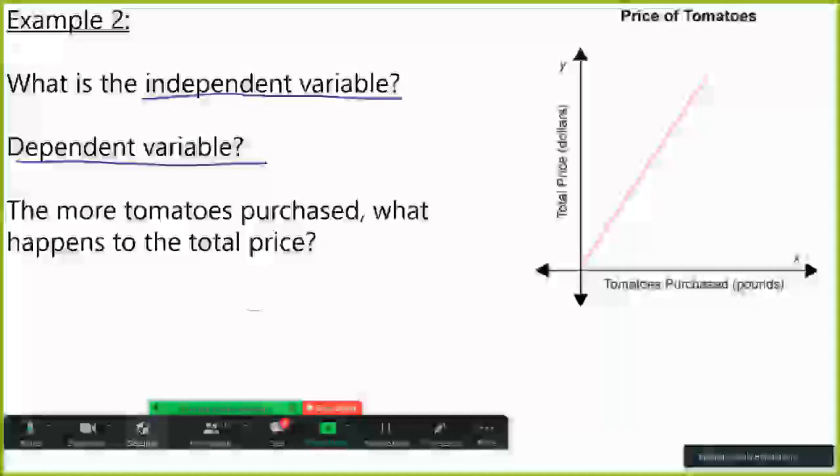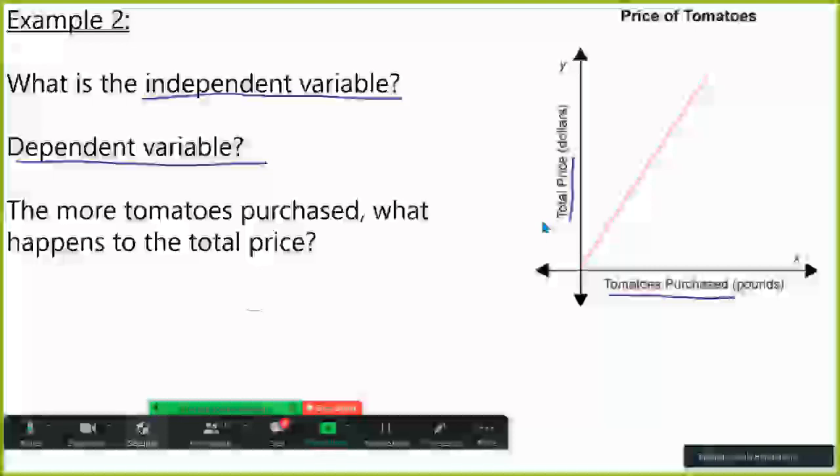So can anyone tell me, out of these two variables, tomatoes purchased, total price, which one is our independent variable? Can we tell based on just the picture which one is independent and which one's dependent? Any thoughts? Tomatoes.